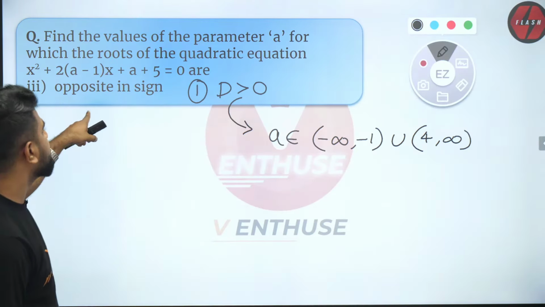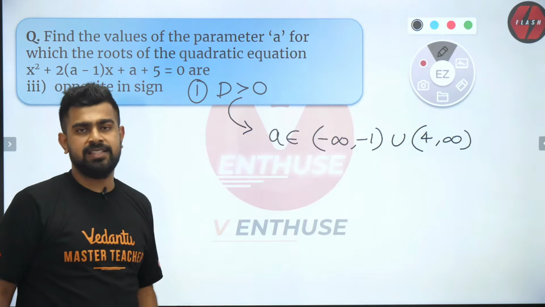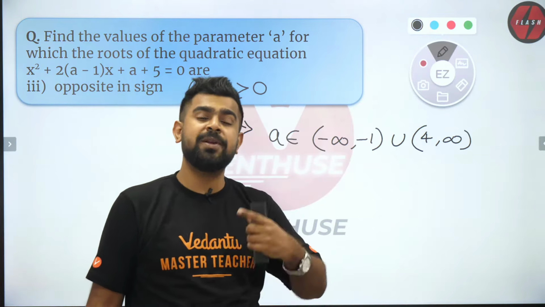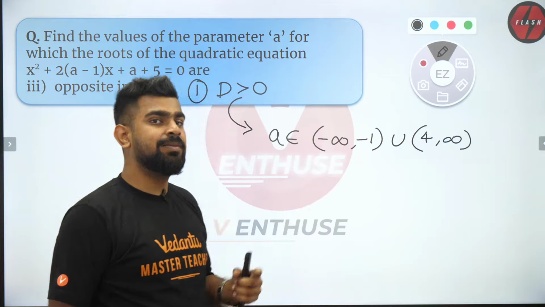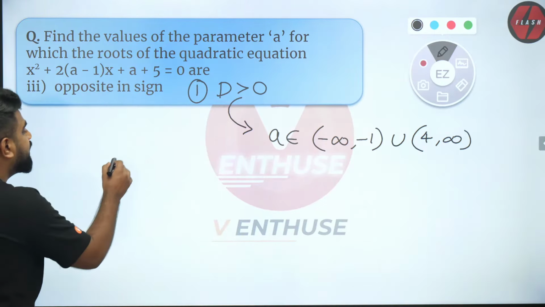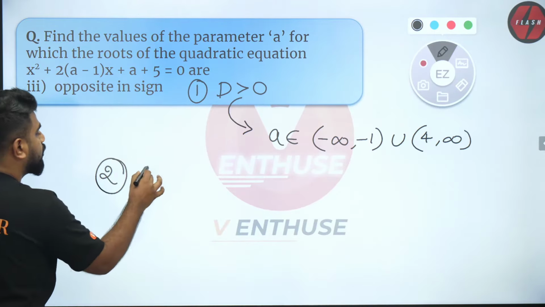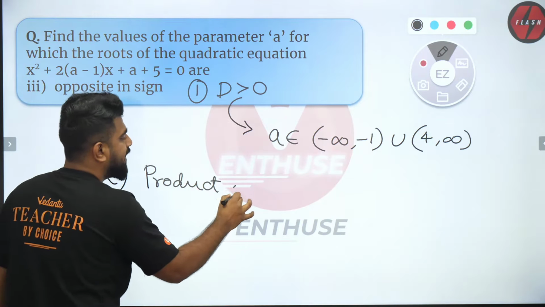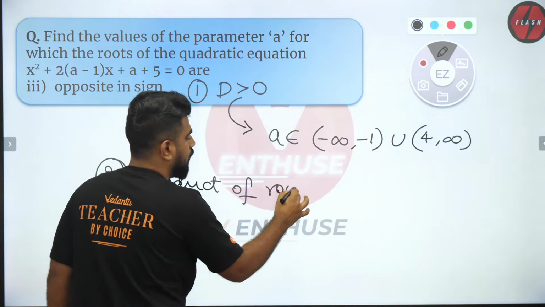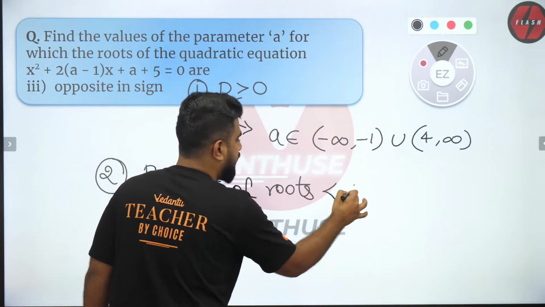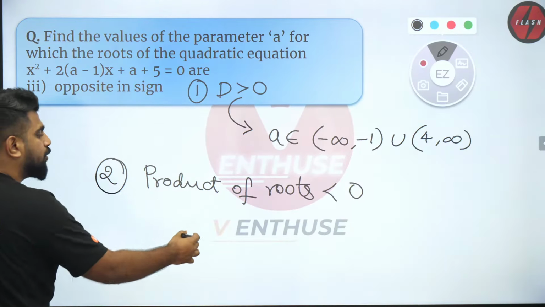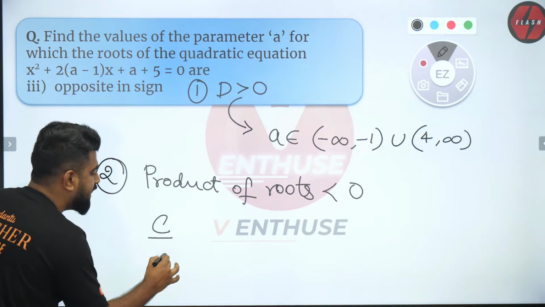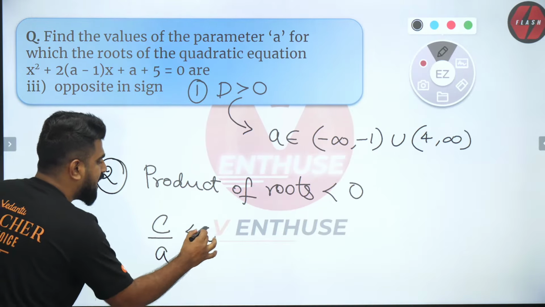So if they are of opposite sign, what else can be said? Do you guys remember the second condition? If they are of opposite sign, the product of roots will be negative. So what is product of roots for a quadratic? It is C by A and that is less than 0.